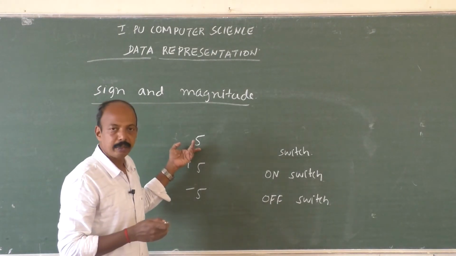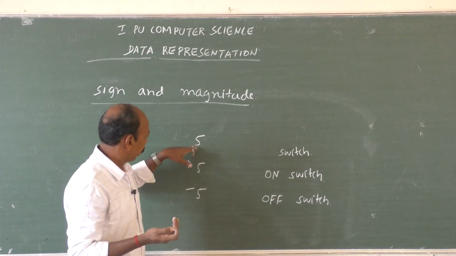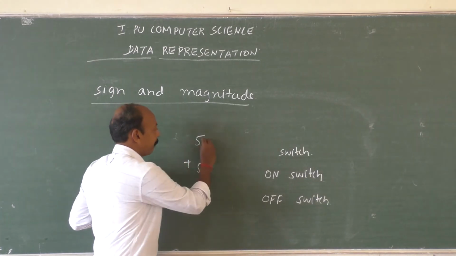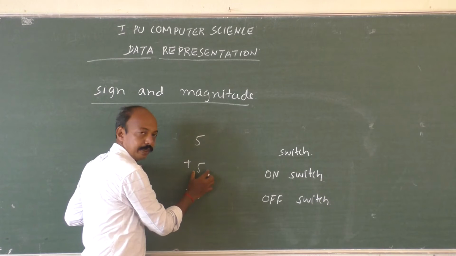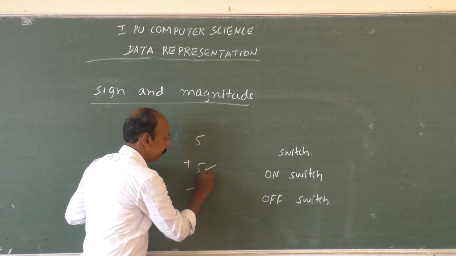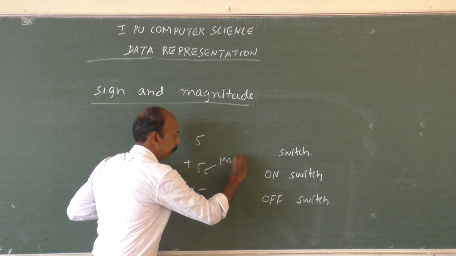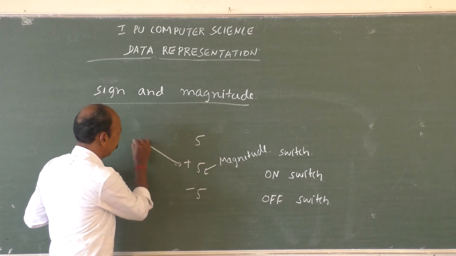Anything that we write will be converted to zeros and ones, isn't it? So along with the sign, we have the magnitude. How much it is? It is the magnitude. This is the magnitude, and this is the sign.